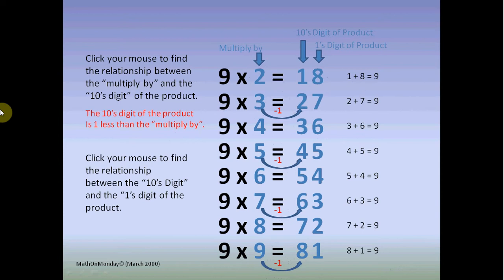That's one of the reasons I love math, is I was looking for patterns. The ones digit plus the tens digit of a product always equals 9. So you're looking for numbers that add to 9. If you start with a 7, you need a 2. If you start with a 4, you need a 5. If you start with a 5, you need a 4.